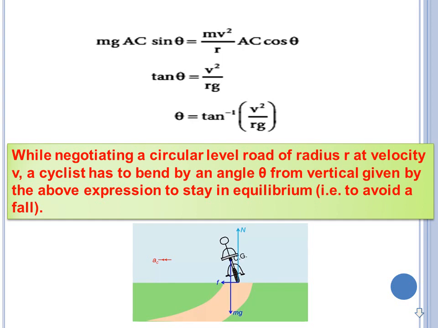You can see in this picture the mg and the normal force N acting downward and upward. Therefore, the net moment about CG is equal to 0. That's why he rides the bicycle without any fall.